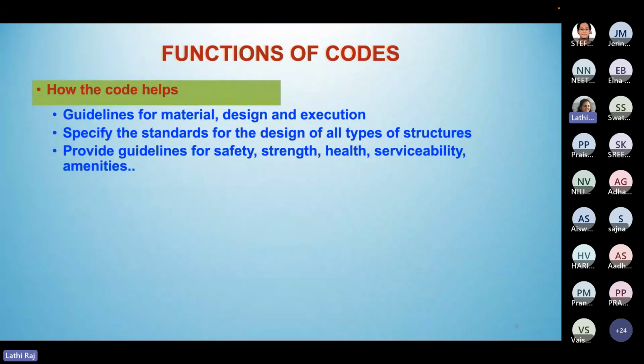For RCC design, the Bible of RCC design, you can say, is IS 456. You refer to IS 456, you will get almost everything for RCC design. And then there is an explanatory handbook for that, which, as I said, is SP 24, which is withdrawn. Still, if it is available, you can refer to it for some of the clauses.